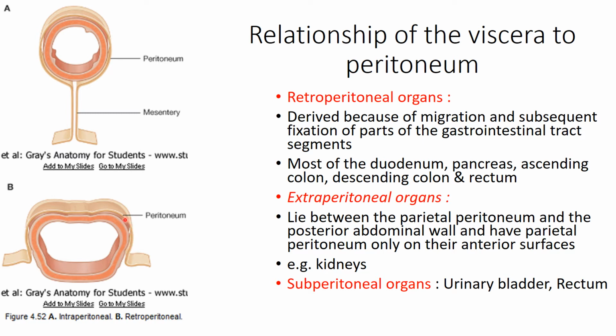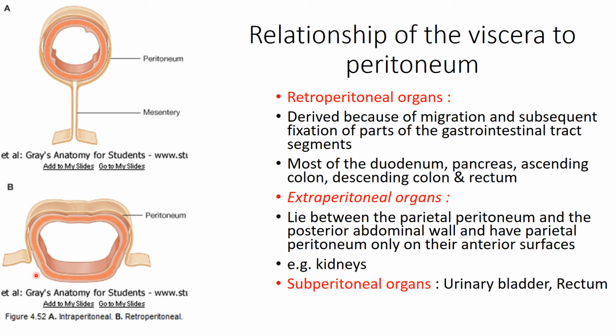Initially these organs were covered all around by the visceral peritoneum on the anterior aspect and the parietal peritoneum on the posterior aspect.